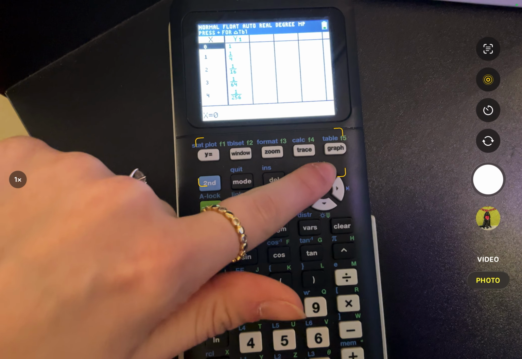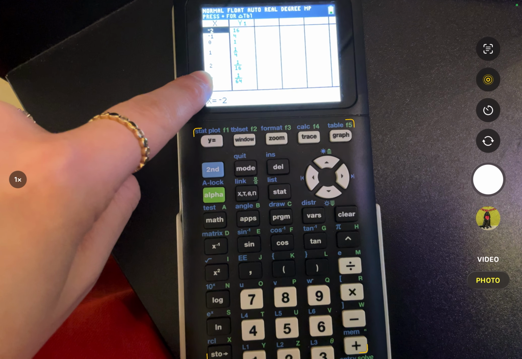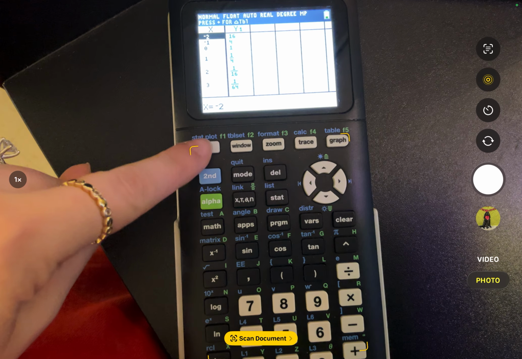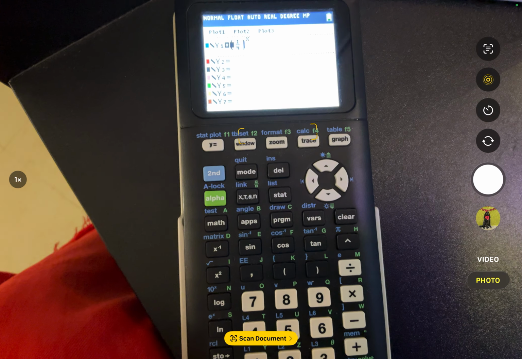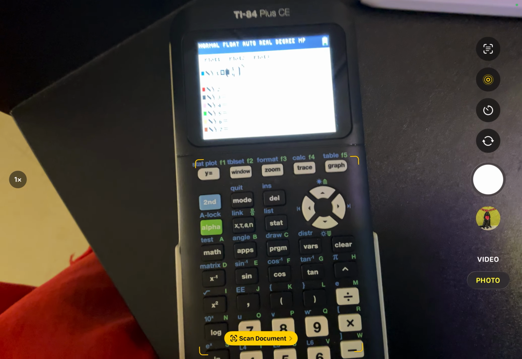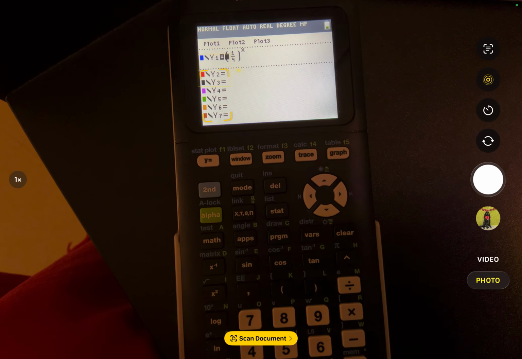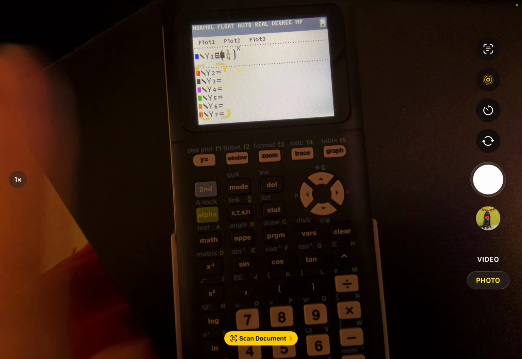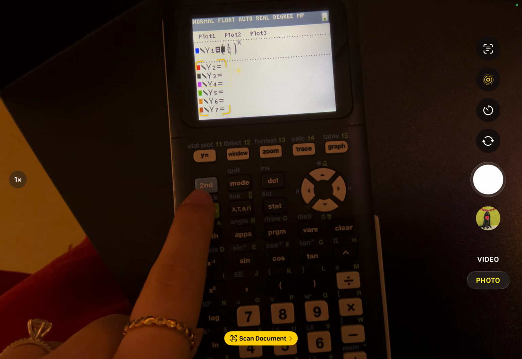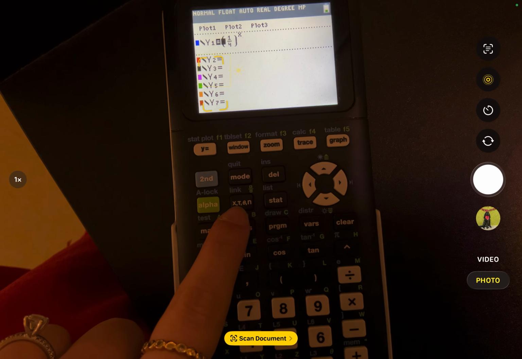So we can use that to fill in from -2 to 2. Let's go through that entire thing. You hit y equals, you type in your function. You don't use the letter X, you use the variable button, which is right here.